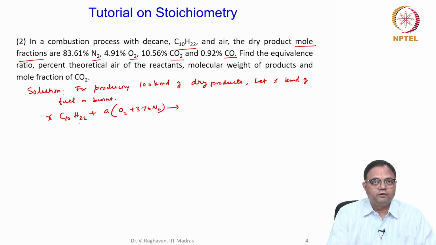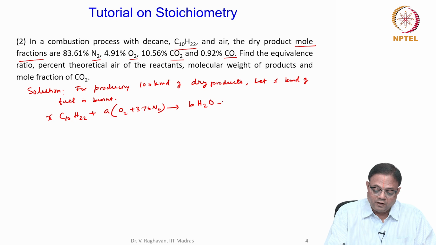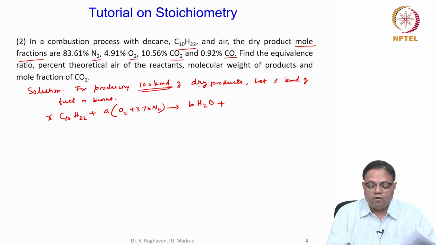obviously H will convert into H2O, so I have to write some B times H2O, which I don't know, I will determine that, plus now all the fractions of other things I will put percentage into number of moles itself, because I am saying that 100 kilomole of dry products are formed.